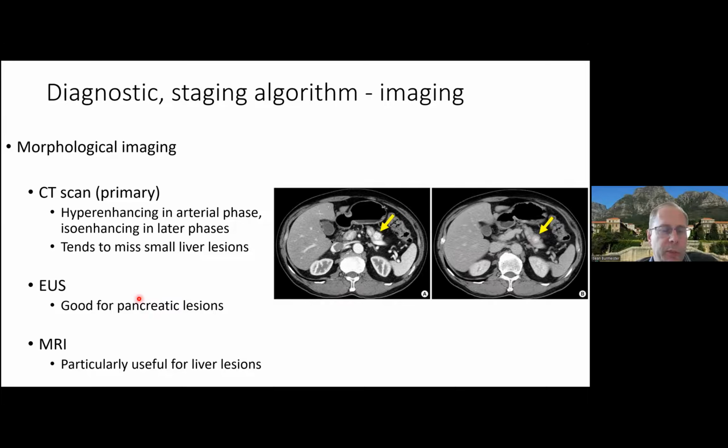Endoscopic ultrasound is probably your best modality for getting good views of the pancreas, and I'll show you in a moment what EUS imaging of a neuroendocrine neoplasm generally looks like. Bearing in mind that CT has limitations for visualizing neuroendocrine neoplasms in the liver, CT is probably the best for examining the primary, but MRI is far and away the preferred modality when we are trying to detect liver lesions.